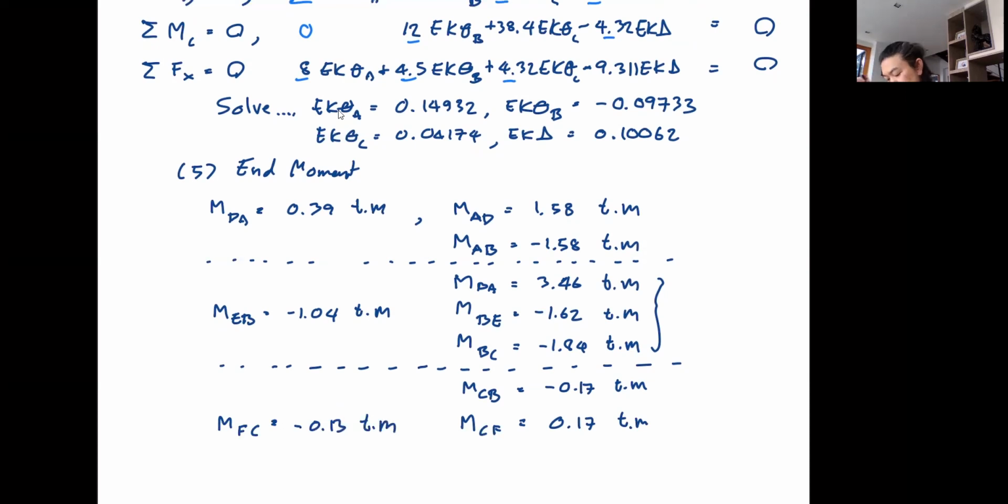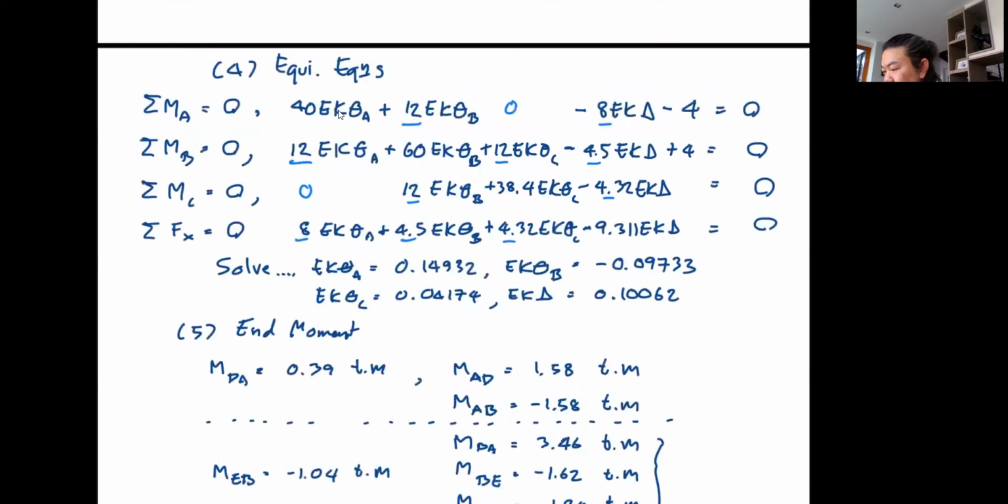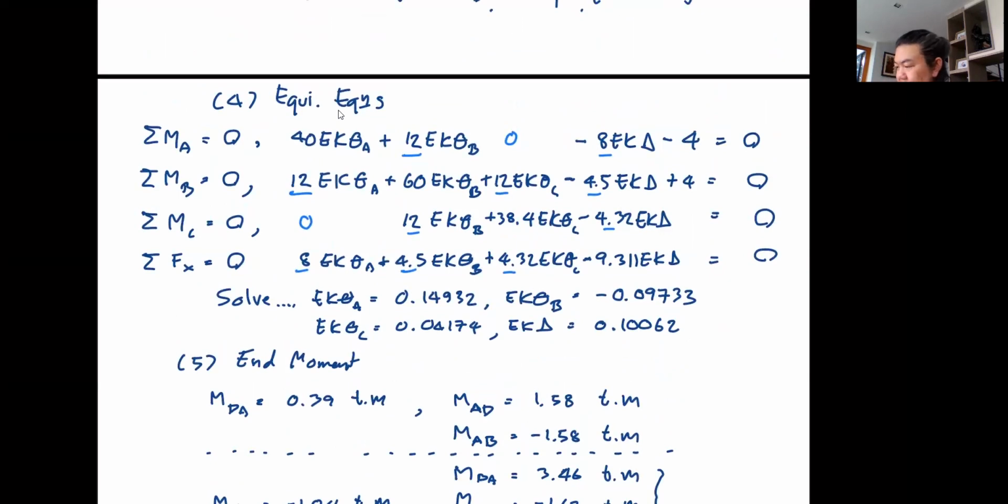So you see, after you get the answers, this is a repetitive procedure. You just put all your answers back into your moment equation. So the key is right here. If you can establish the correct equilibrium equations, the rest will just fall into place if you are good enough with your mathematics.